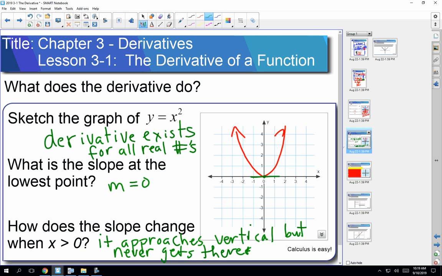Any other questions so far? We saw square root of x, the derivative existed everywhere except at x equals 0. We saw absolute value of x, it existed everywhere except x equals 0 for a different reason. And then y equals x squared, the derivative exists everywhere. And you could tell me what it is, it's 2x.